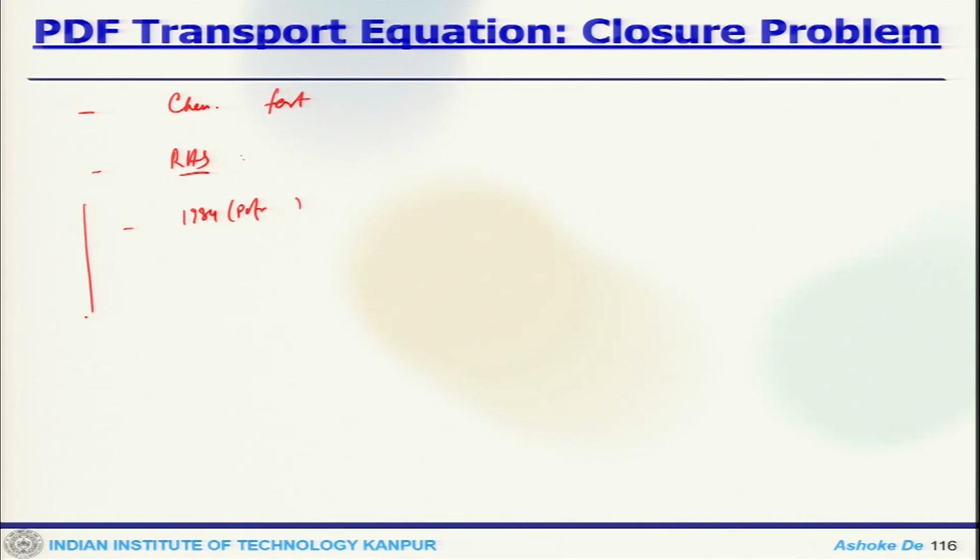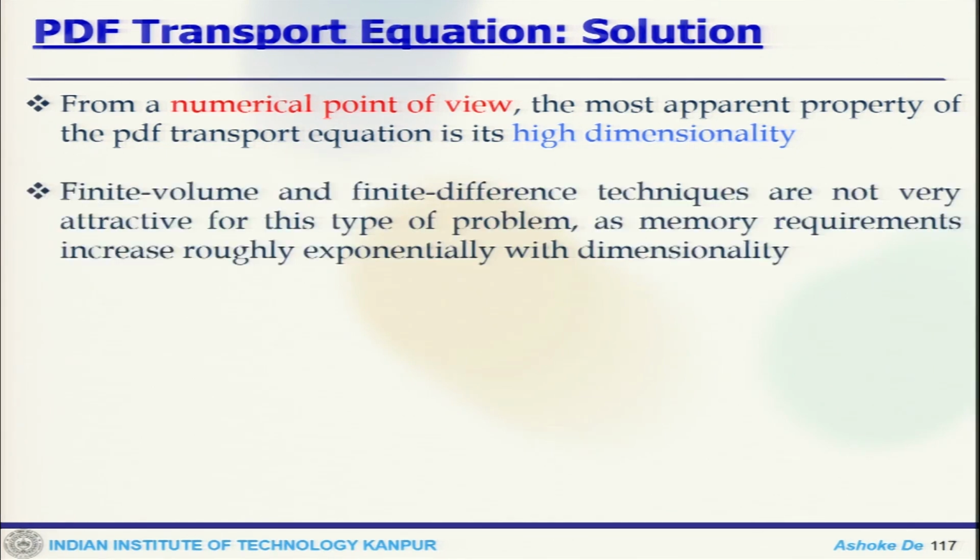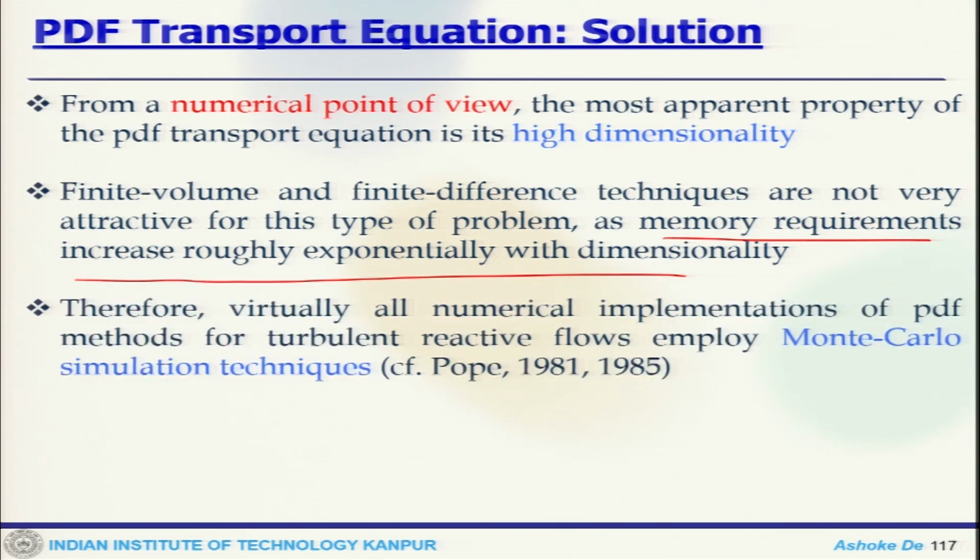Now, how do you get a solution for the PDF equation? From a numerical point of view, the most apparent property of the PDF transport equation is its high dimensionality. That is why typical computational techniques like finite volume or finite difference are not very attractive for this type of problem, because the memory requirement increases with dimensionality.